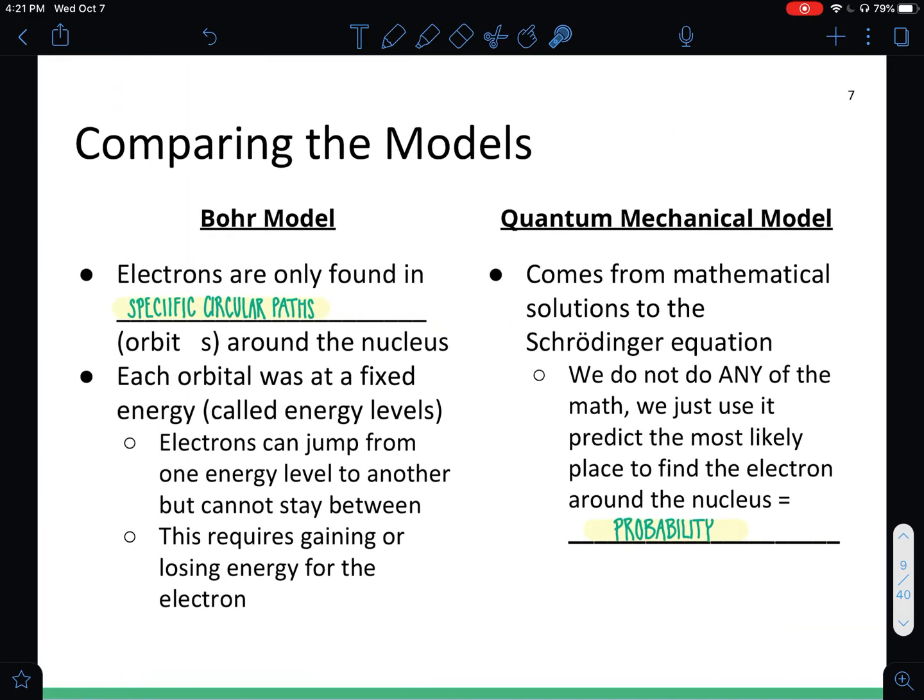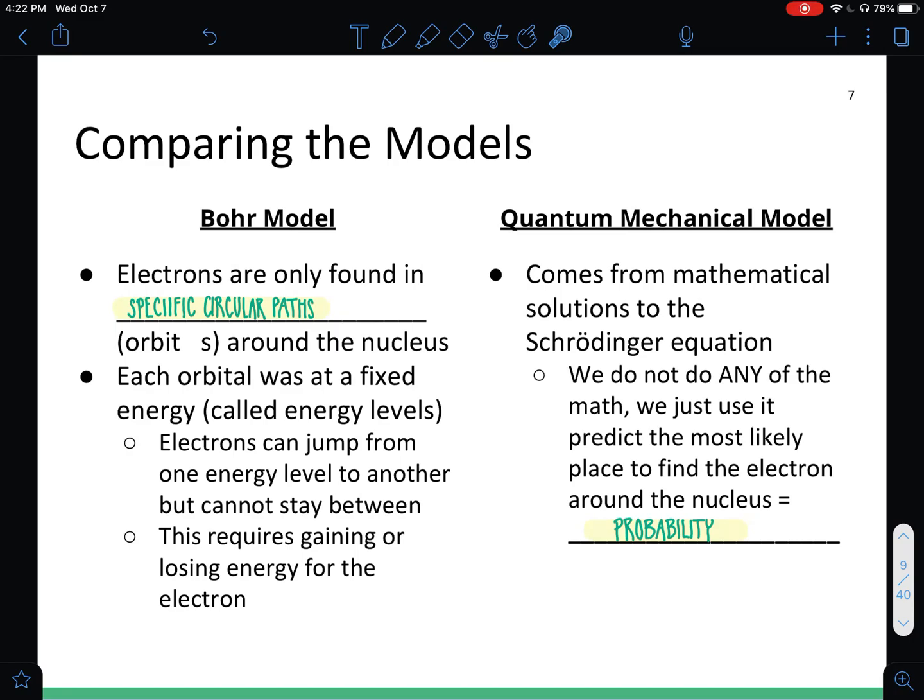Comparing the two models, for the Bohr model, electrons are only found in circular paths, like an orbit around the nucleus. It looks like a fixed orbit, but it's just intended to be a fixed energy level. And we can calculate how much energy it takes to jump between those.